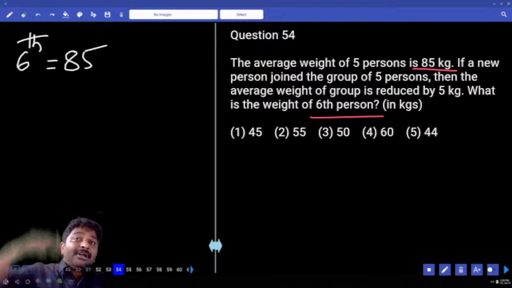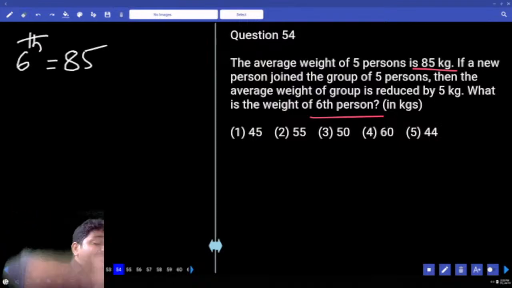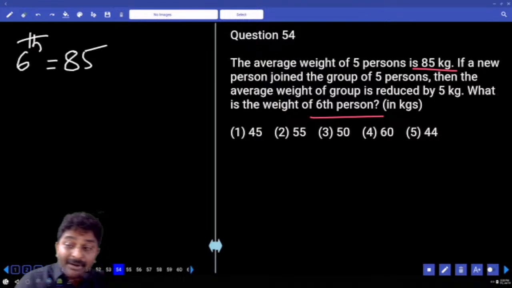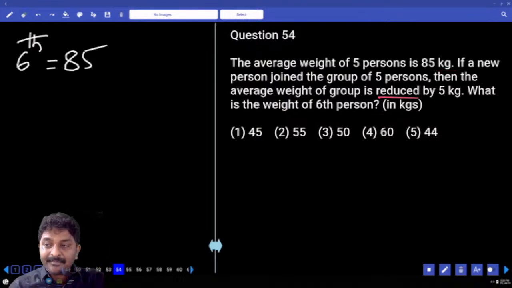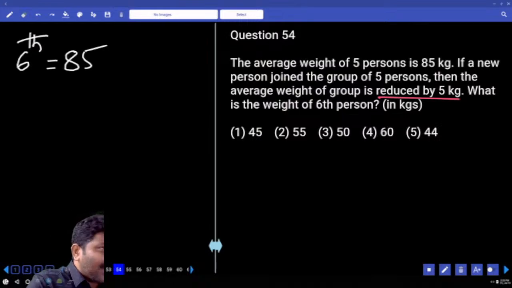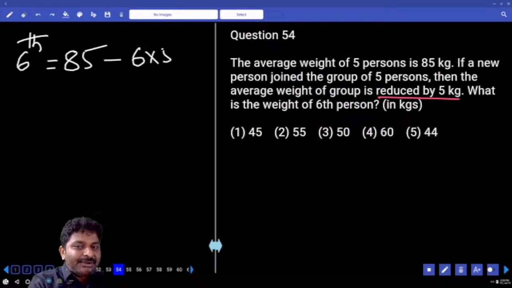What would be the total average for 6 people? 85. But what happened when new person joined? Average reduced. Avuna? That means the 6th person weight is more than 85 or less than 85? Minus. Now how many persons are there? For all 6 members, average reduced, right? Reduced by, that means how much is reduced for total? 6 into 5. 6 members are there, and for each 5 reduced. 6 5s 30 reduced from 85. Answer over.